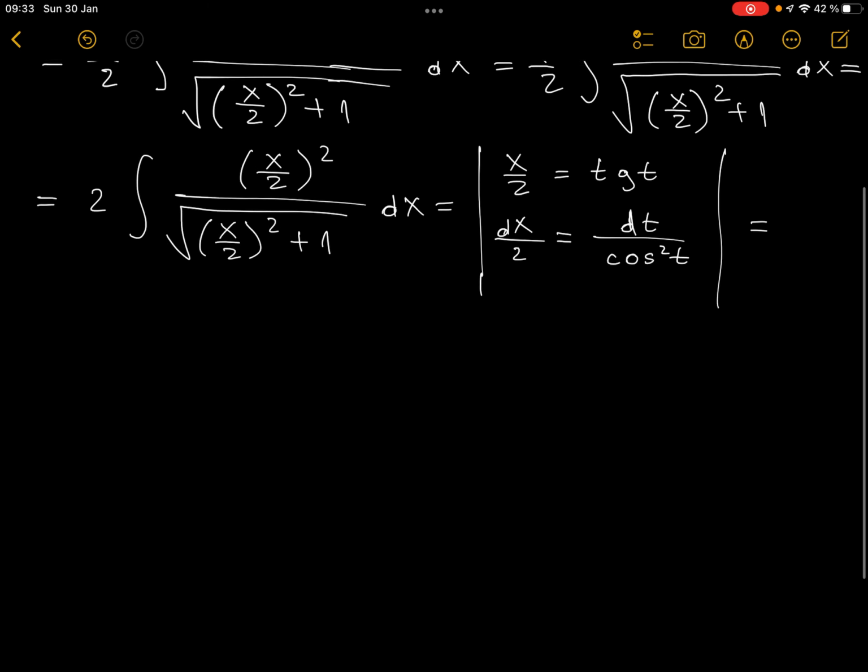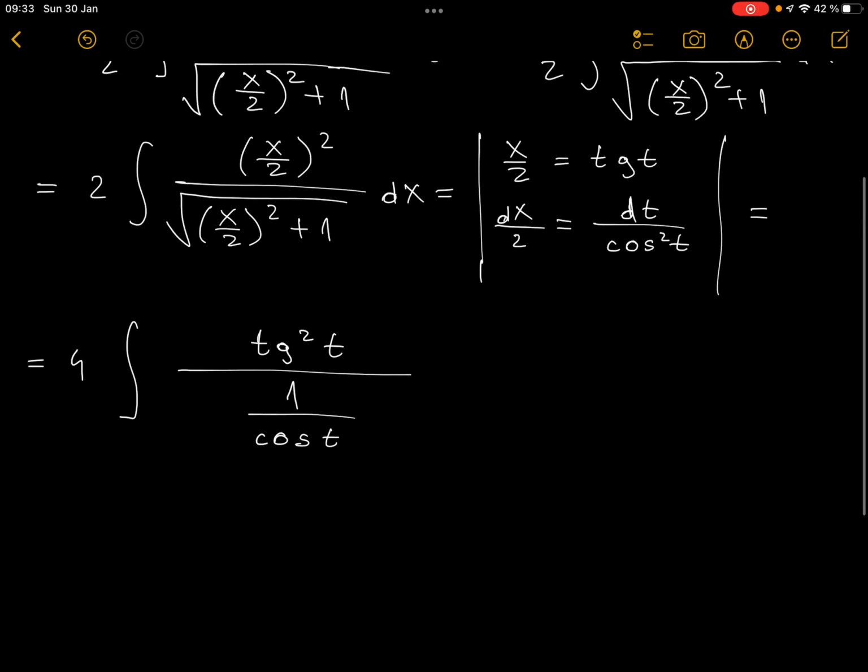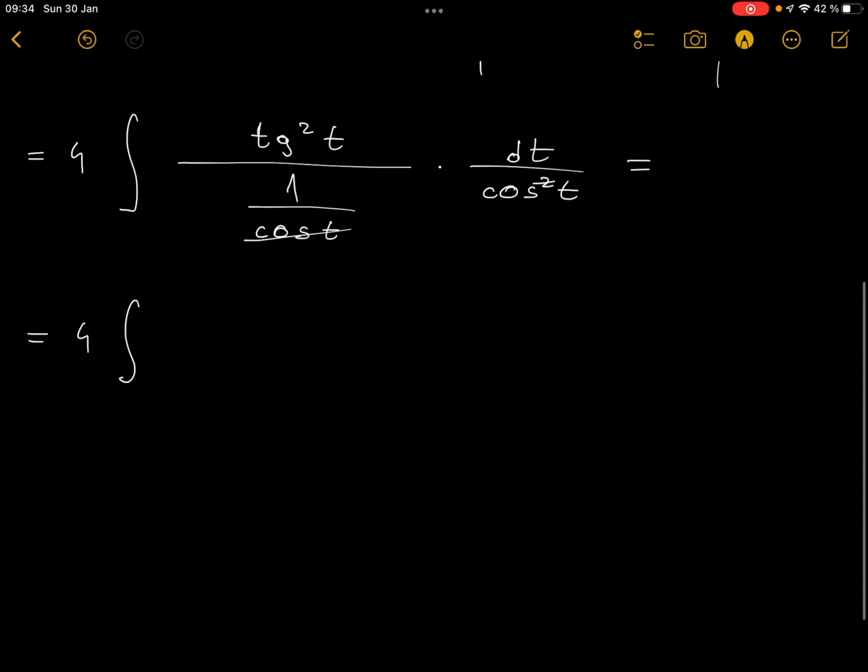Okay, so this will give us 4 times the integral of tangent squared t over 1 over cosine t times dt over cosine squared t, and these two will cancel out, and this gives me 4 times the integral of sine squared of t over cosine to the third power of t dt.